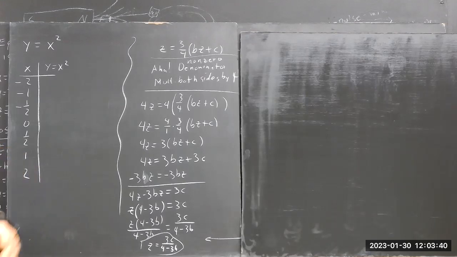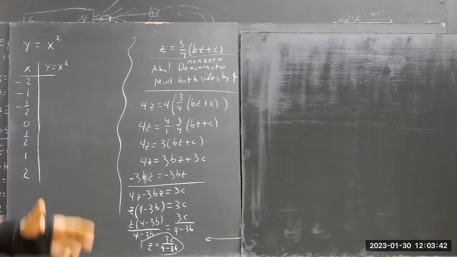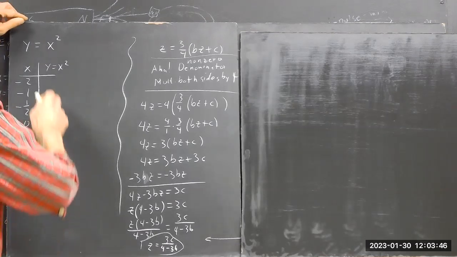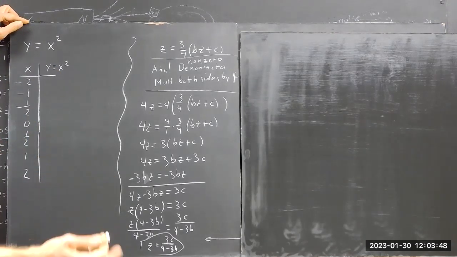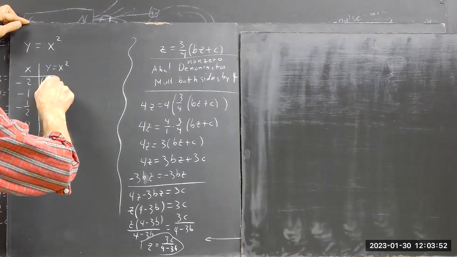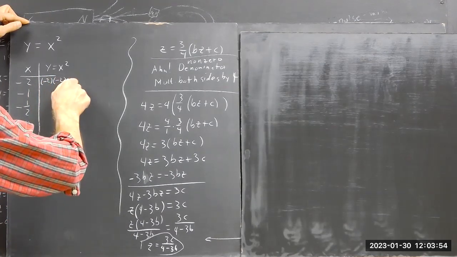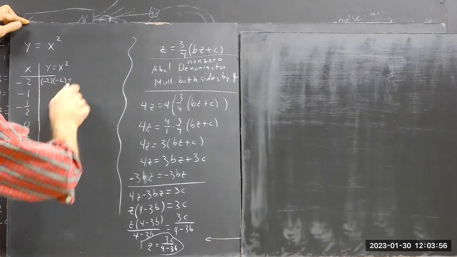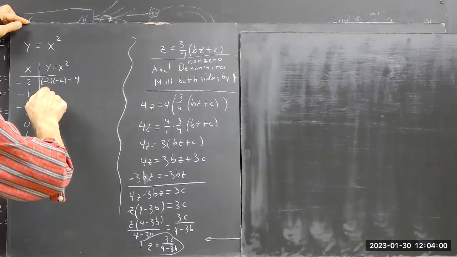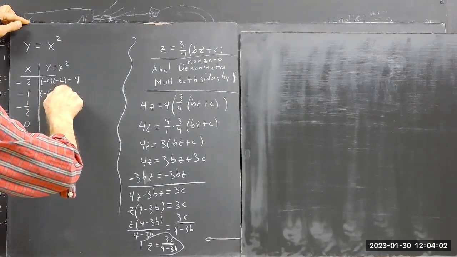But still, I'm going to work it out in detail in case it's somewhat foggy for some people. Okay, so x squared, of course, is x times x. If x is -2, we have -2 multiplied by -2. 2 negatives, so it's positive, and 2 times 2 is 4. Okay, then we have -1 times -1.